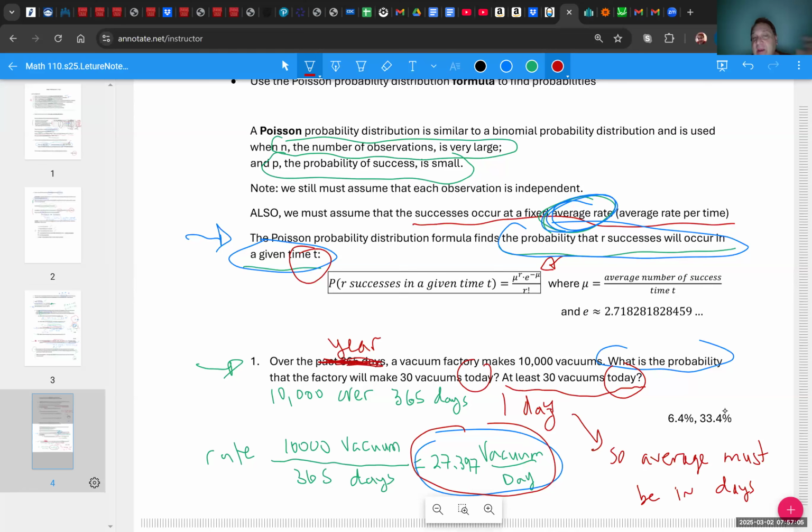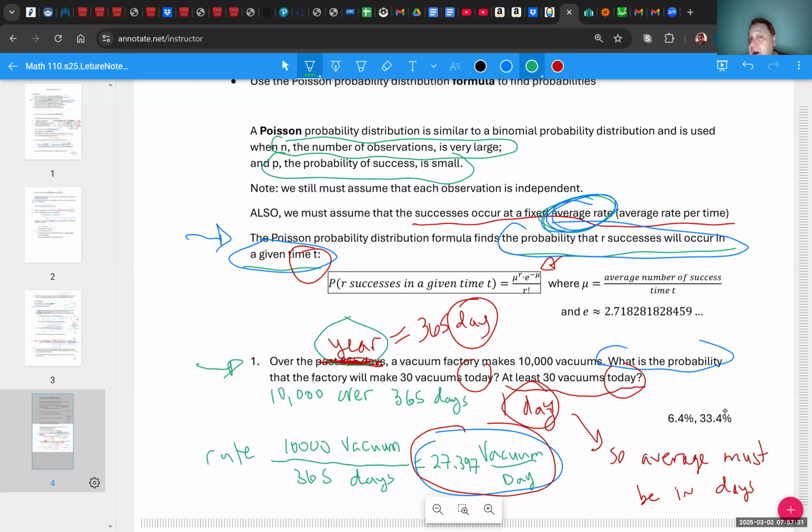So you would still get the same average, but there's no 365 in this problem, right? You'd have to know to switch a year into 365 days so that you would have the correct day to match up with the day here. So your time measurements have to match. If you're looking for the number of vacuums in a day, then your rate has to be in days, even if they gave you the problem in years to be tricky and sneaky.